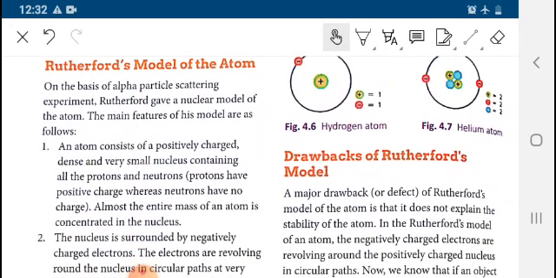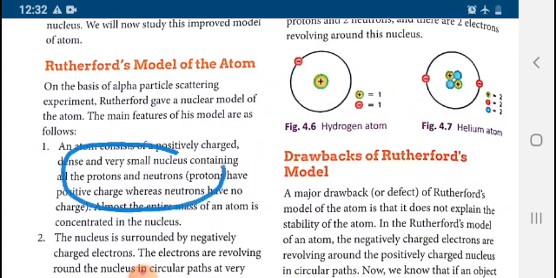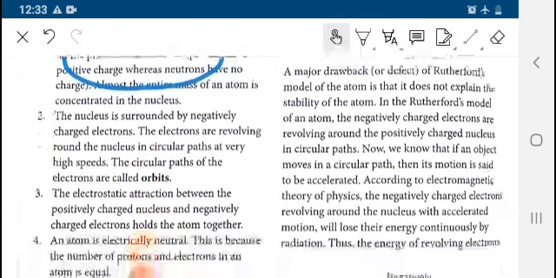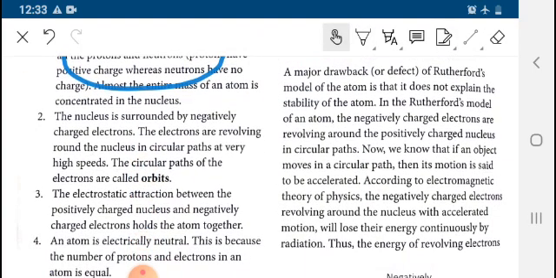An atom consists of a positively charged and very small nucleus, which is made up of protons and neutrons. The nucleus is surrounded by negatively charged electrons. The nucleus is present in the center, consisting of protons and neutrons, and the electron, which is negatively charged, is moving around the nucleus in certain definite circular orbits.